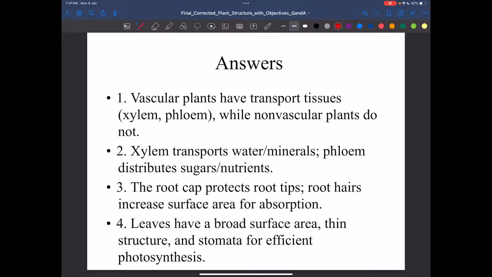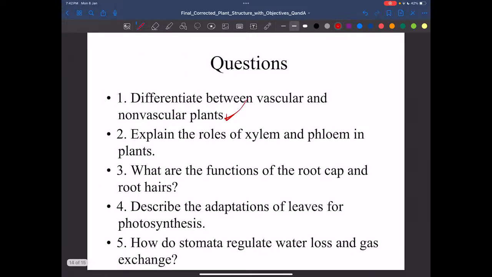However, for example, maybe at night they open up to allow gas to enter, and since there is no sun, the temperature is not going to be as high, so there's not going to be as much water loss, okay. So this is one of the ways that stomata regulate water loss and gas exchange depending on the environment they are in and the conditions that they are in.